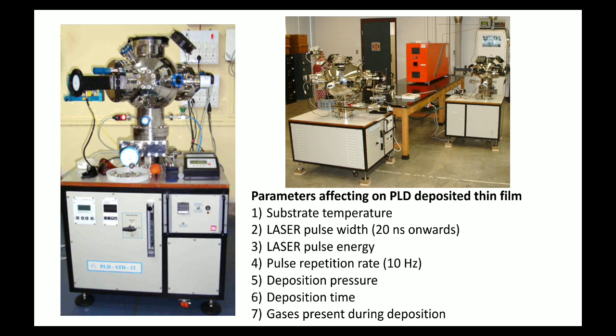If there is a lot of gas in between, then a lot of scattering will happen with the target material which has evaporated in the form of a vapor, and then it will not be able to reach the substrate. So we need an optimum deposition pressure.